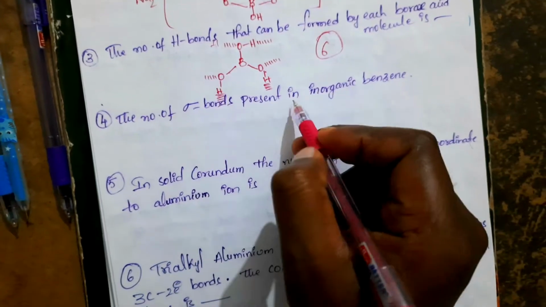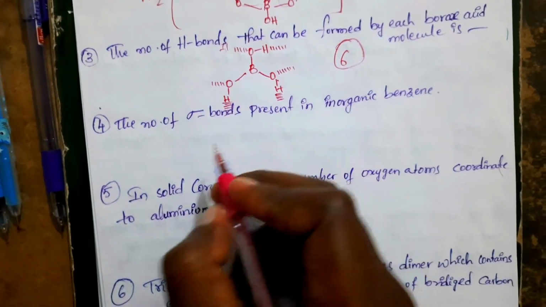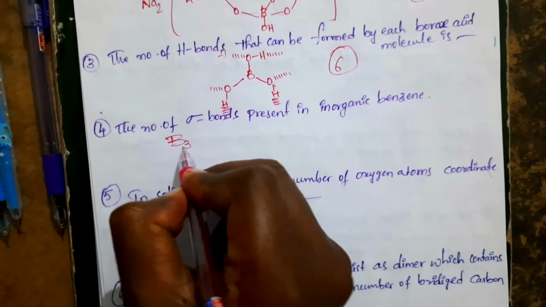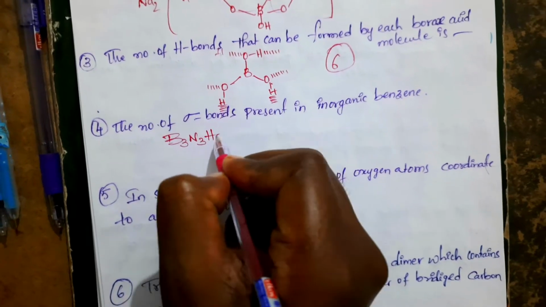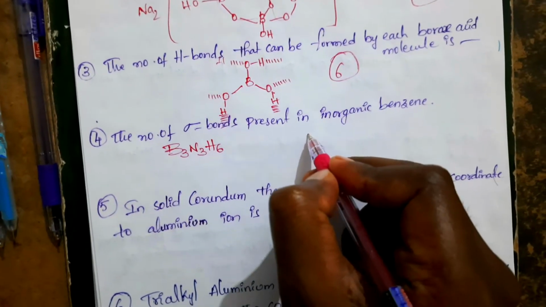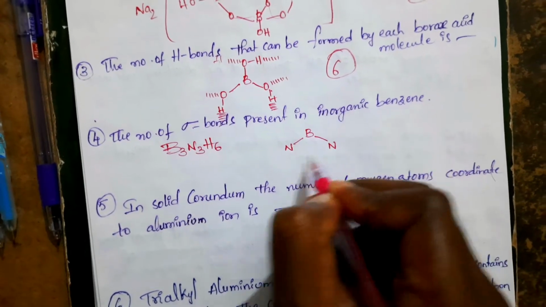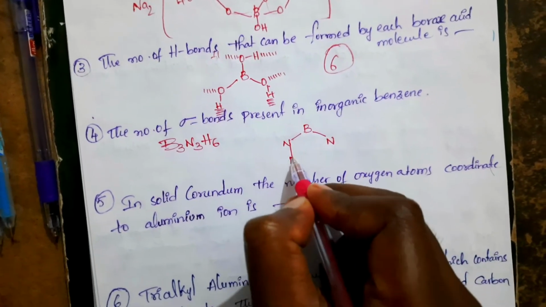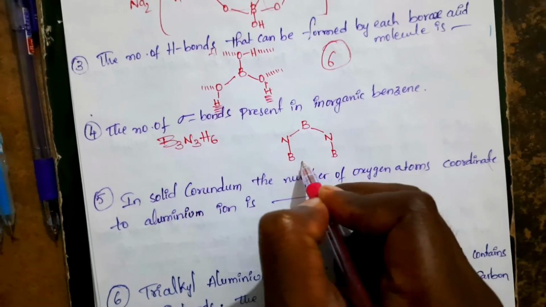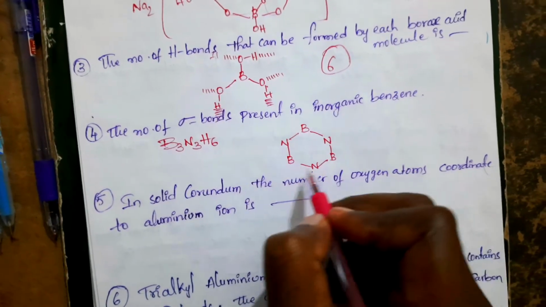Now the number of sigma bonds present in inorganic benzene, B3N3H6. Borazole is called inorganic benzene. You can draw the structure here, taking boron and nitrogen in alternate positions: boron, nitrogen, boron, nitrogen.